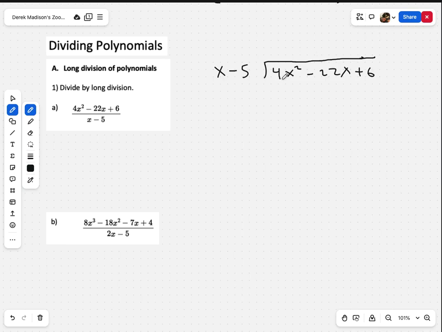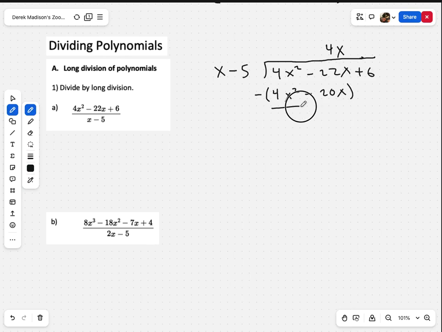Because that's really what we're trying to do, is to multiply this by something so that when I subtract it cancels out. So I would have to multiply x by 4x to make it 4x squared exactly. And since it's 4x to the first, that means it goes over the other x to the first. And we have 4x times x. That's going to be 4x squared. And then 4x times negative 5 is going to be minus 20x.